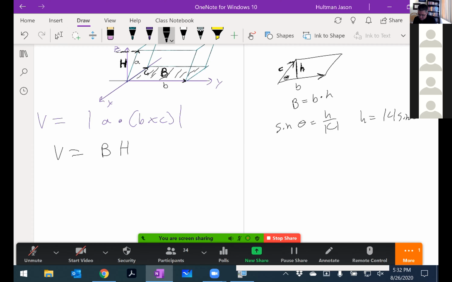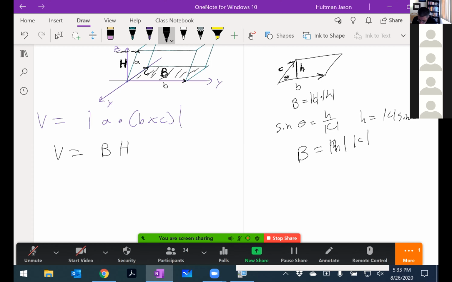Does that make sense? Times what? Times the magnitude of B. So the base area would be the magnitude of B times the magnitude of C.